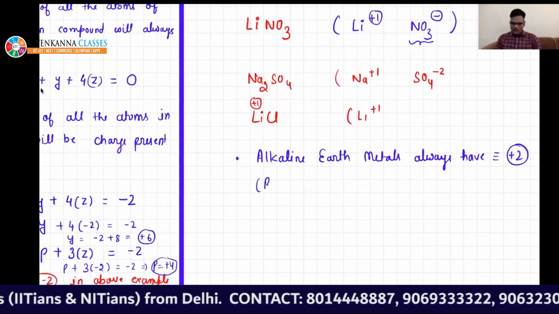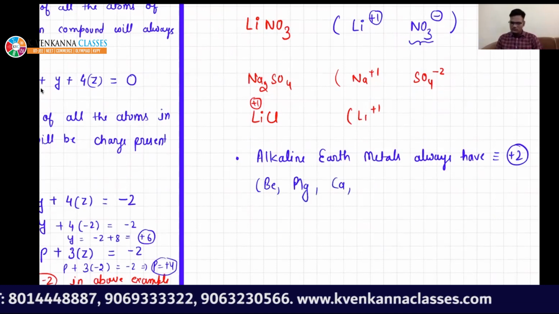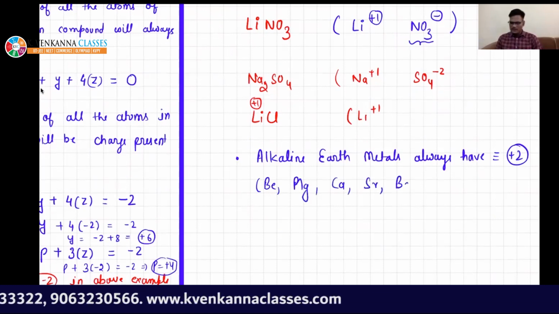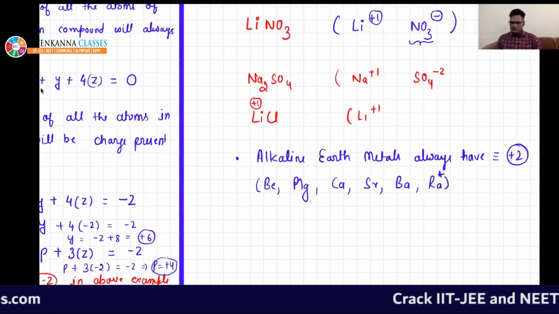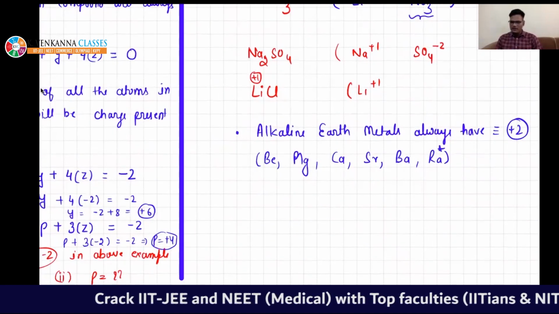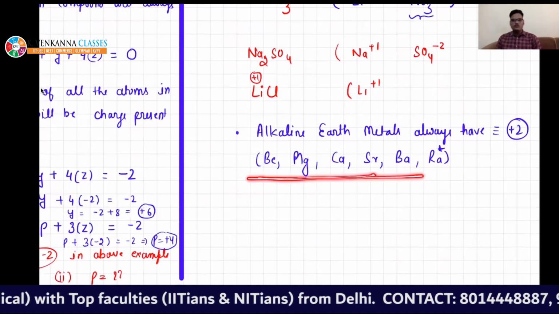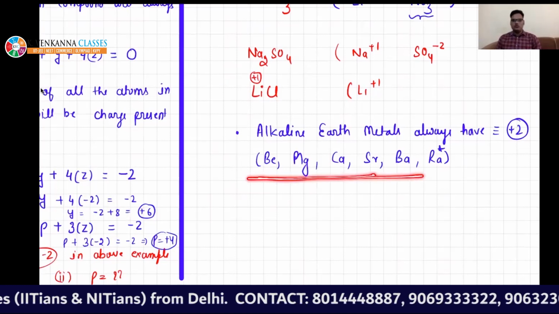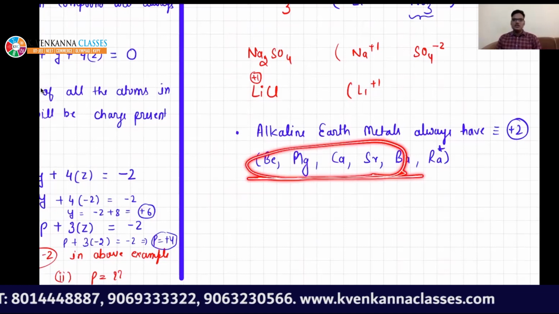The alkaline earth metals are beryllium, magnesium, calcium, strontium, barium, and radium. But radium is radioactive, just as cesium is radioactive here. So we just discuss beryllium, magnesium, calcium, strontium, and barium.